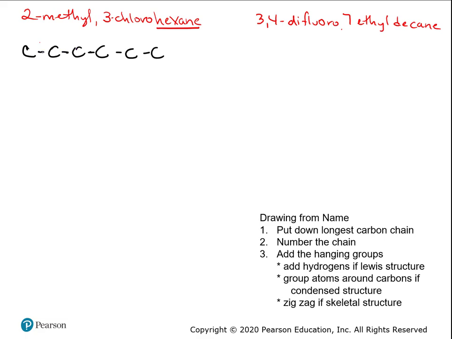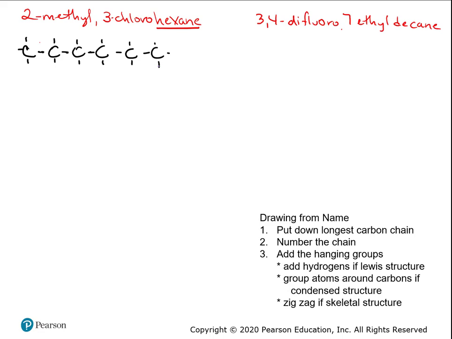There's hexane. Boom. So these carbons are all going to have what? Above, below, unless we have the non-hydrogens, which we have to put on. But remember, if I'm doing a Lewis structure, I know that there's going to be bonds above, below, left, and right. So you can put all the little dashes.